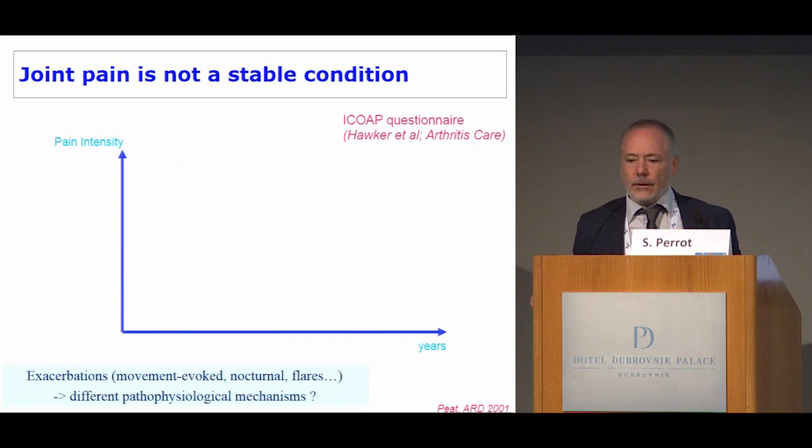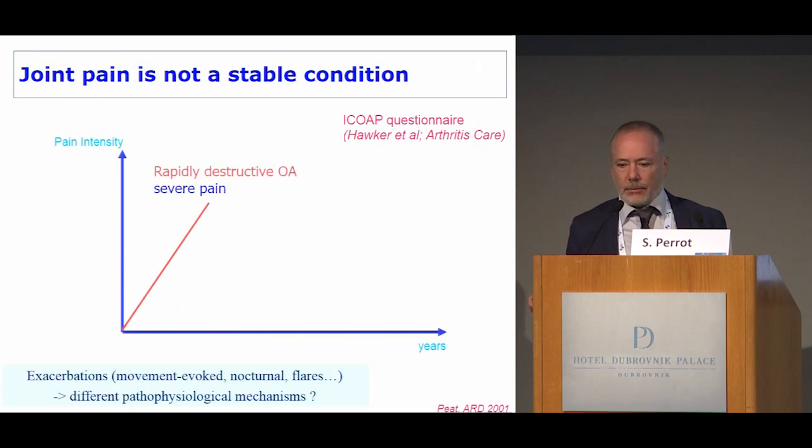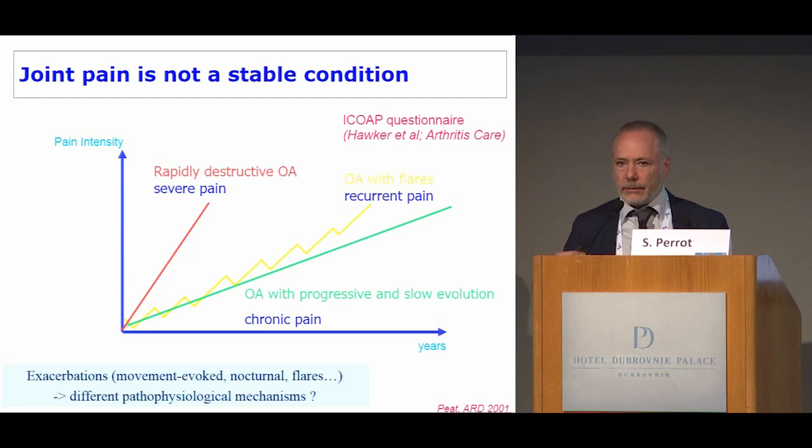In fact, joint pain is not a stable condition. There is rapidly destructive osteoarthritis. There is osteoarthritis with recurrent pain. And there is constant pain with progressive and slow evolution.